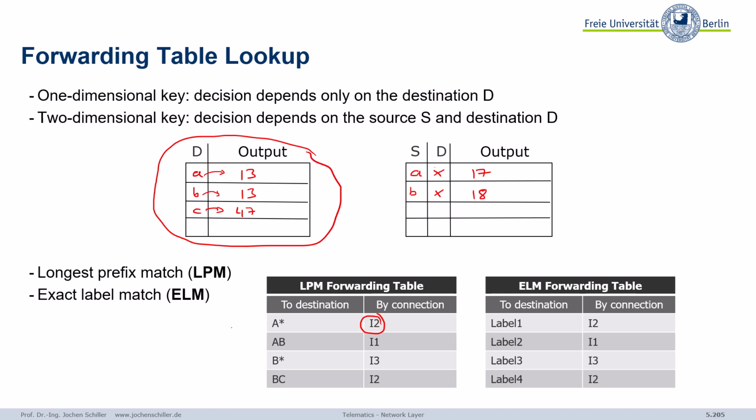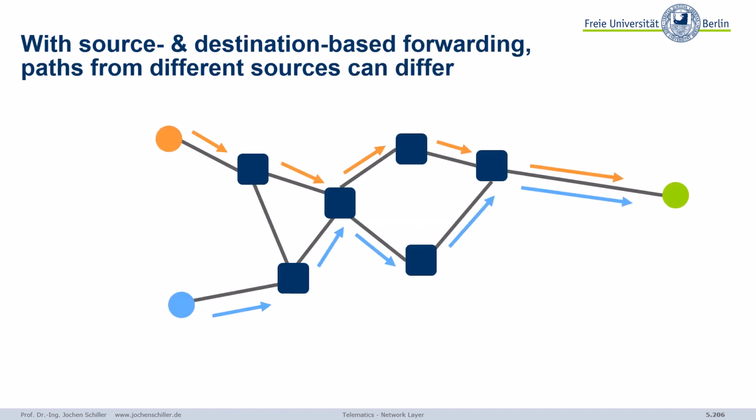Okay, so what is the idea of looking not only at the destination but also the source? As I said, you may want to differ the forwarding towards the same destination based on the source. Maybe you know that this router is a faster way, but it's more expensive compared to this one, and you have the orange customer paying more.